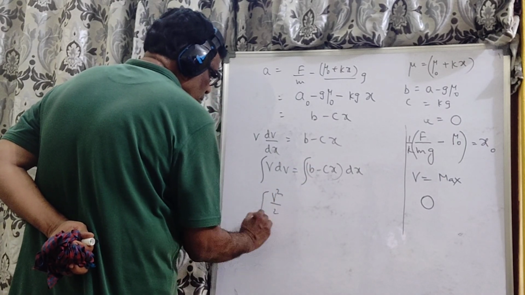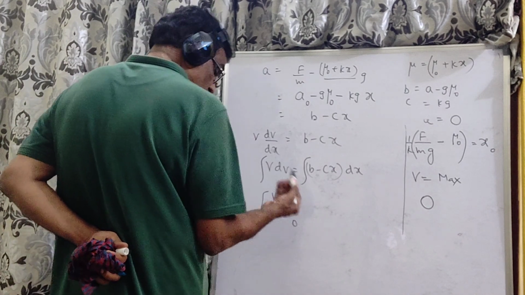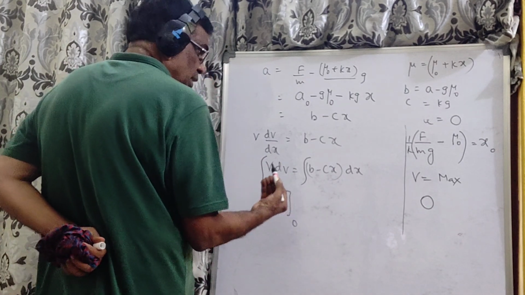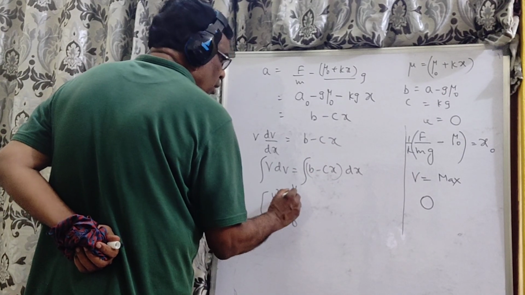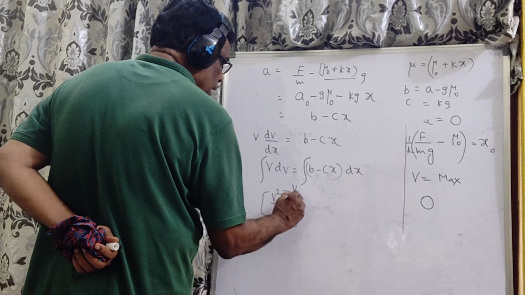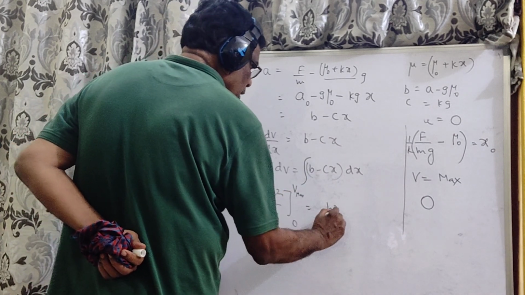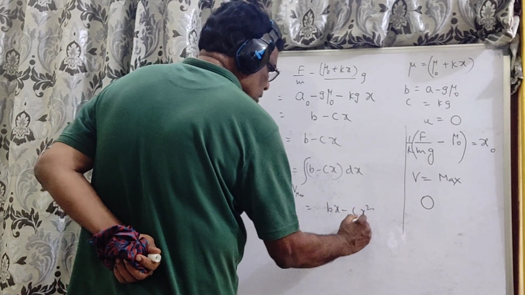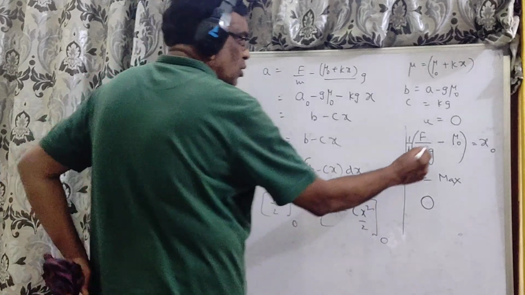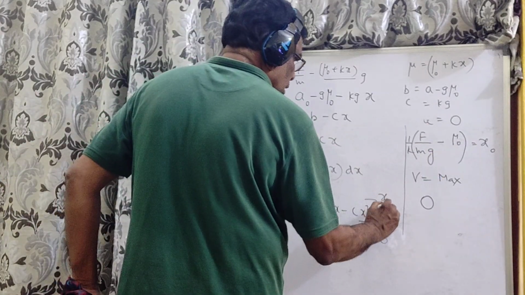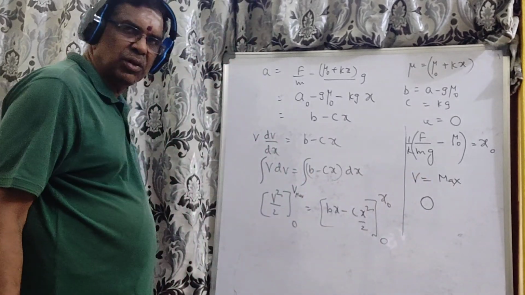V square by 2 from 0 to V max is equal to Bx minus Cx square by 2, x from 0 to x naught, because Vmax is at x equal to x naught.